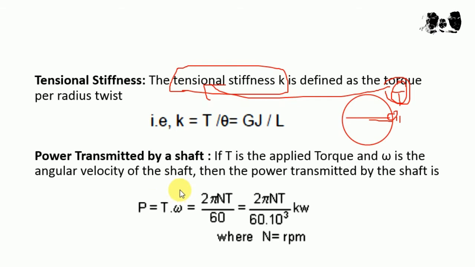The power transmitted by a shaft can be calculated by T into omega, where T is the torque and omega is the angular velocity, which is 2 pi N upon 60, where N is the number of RPM, revolutions per minute, meaning how many rotations a shaft makes in a minute. By simply applying the value of torque, we have the power transmitted by a particular shaft.